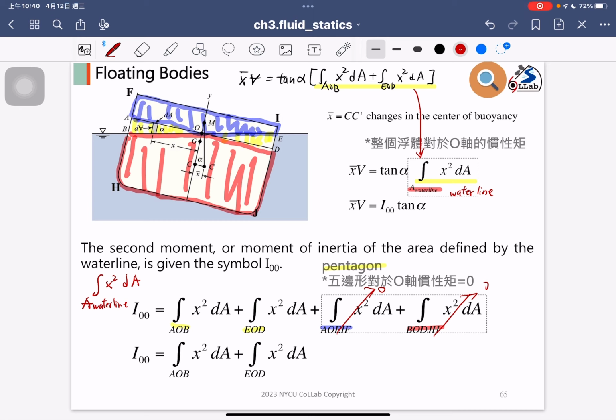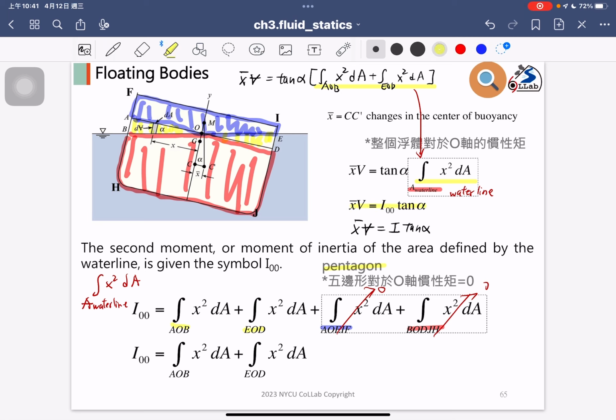So that's why I can tell you the second moment I for the waterline area will equal the AOB integration second moment plus the EOD integration second moment. So finally I can rewrite the equation: x bar multiplied by the total displaced volume will equal the second moment of the waterline area multiplied by the tangent alpha, as I am showing here.